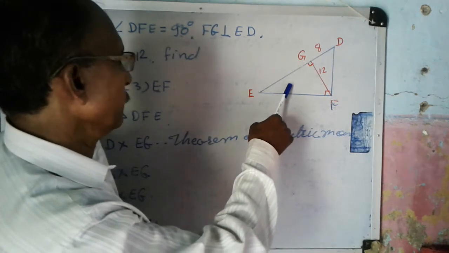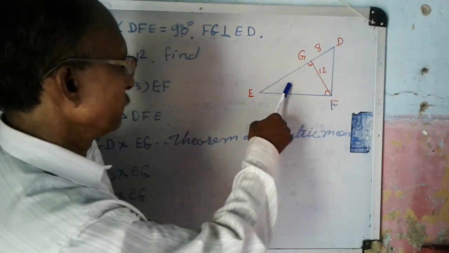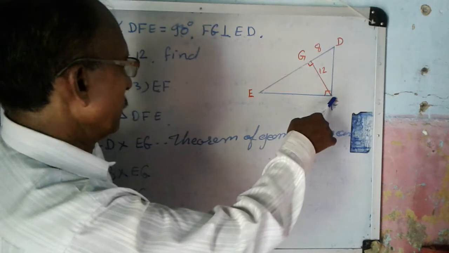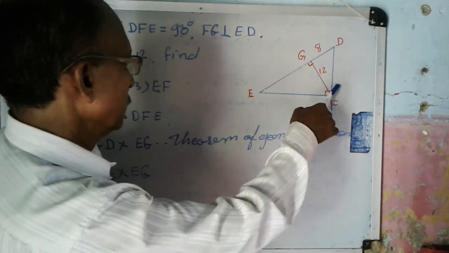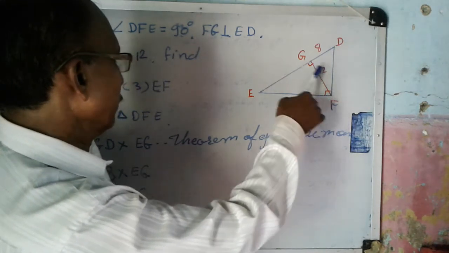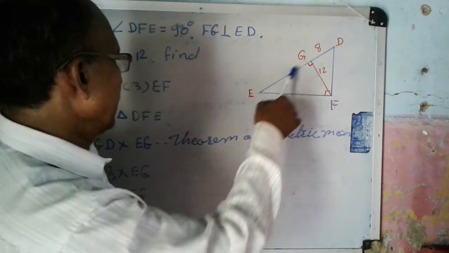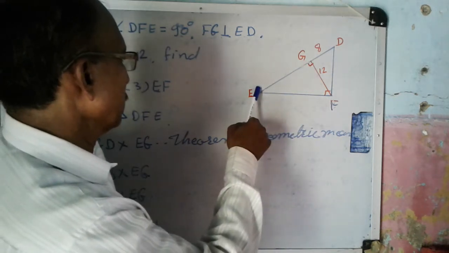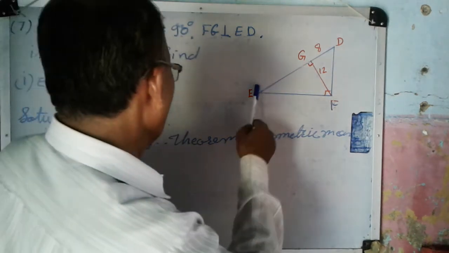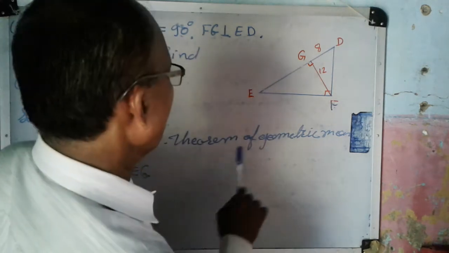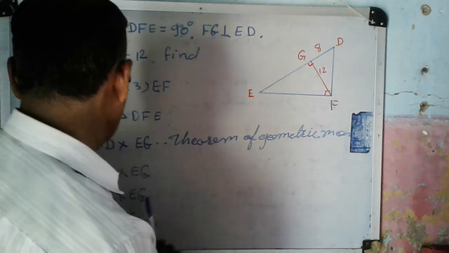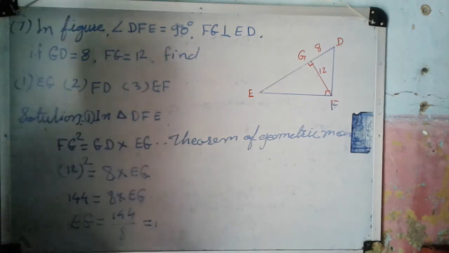Or you can find MD using Pythagoras theorem, if we find this EG. So the EG will be according to this 144 upon 8.